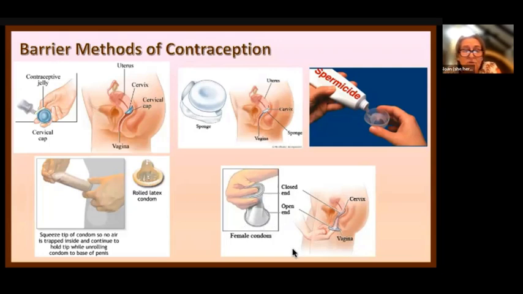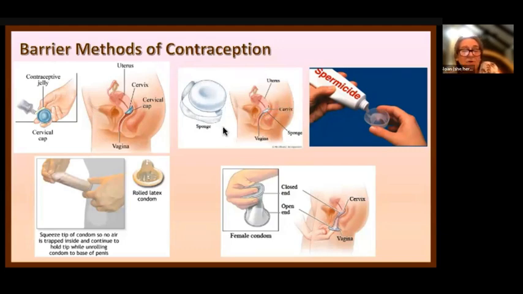It is inserted. It's like 2 rings, a ring at each end, with latex in between. It goes all the way up inside the vagina, and it will fold over the vulva some to provide protection, because obviously not everything is happening in the vagina. Herpes could be passed from the scrotum to the vulva area.